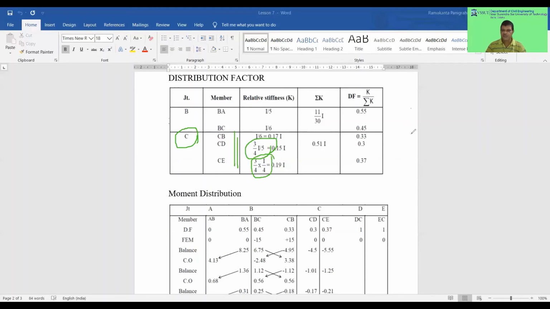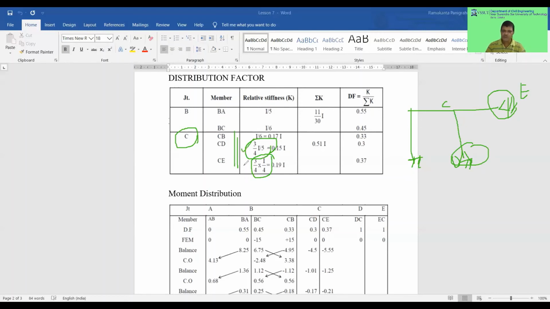Just go to the frame. Here the spans CD and CE, both the spans, this end and this end are hinged. One end, this end, is fixed with the continuous member. So one end is fixed, the other end hinged, so it will be 3 by 4.